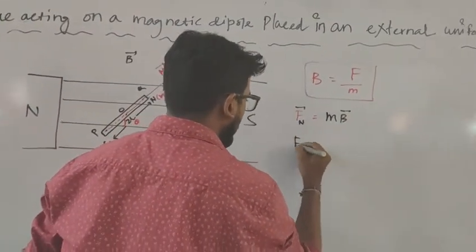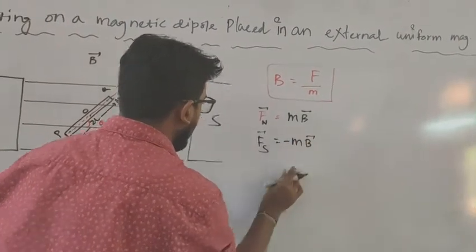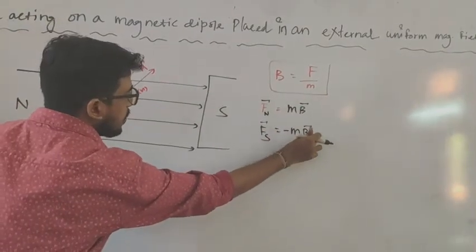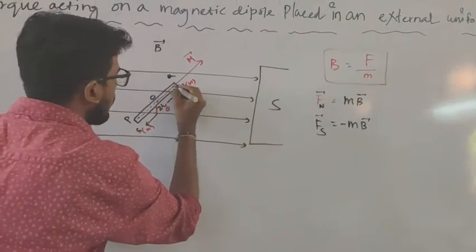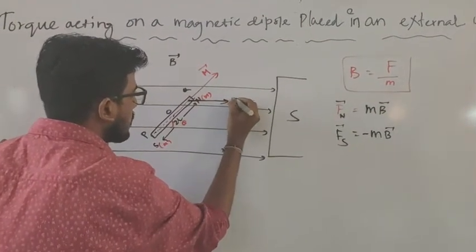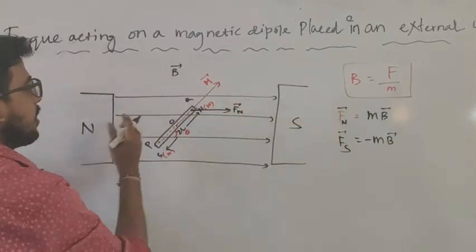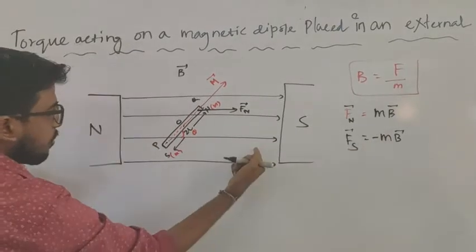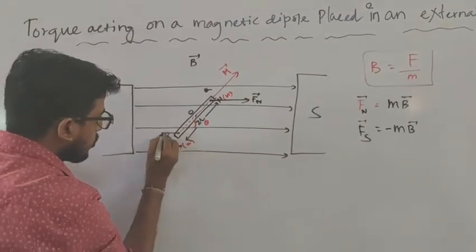And for the south pole, the force will be M into B, and this is negative, as for the south pole the force is always opposite to the direction of the magnetic field. So here, for the north pole, the force Fm will be along this direction, as the field is acting from left to right. And for the south pole, the force will be opposite to that of B. So for the south pole, the force will be along this.